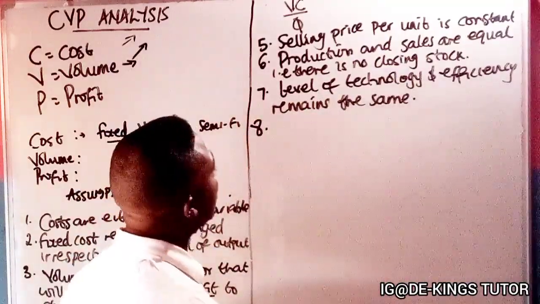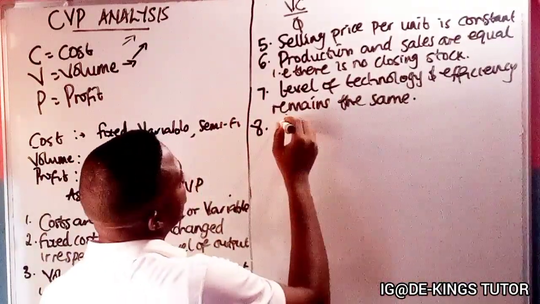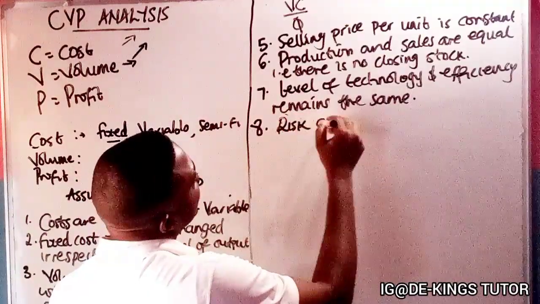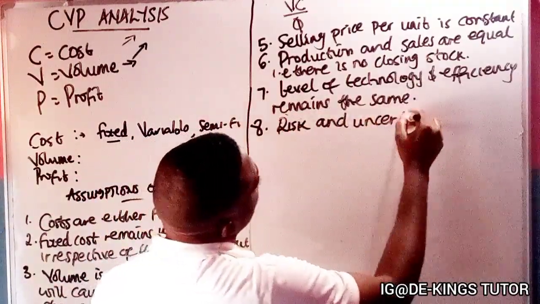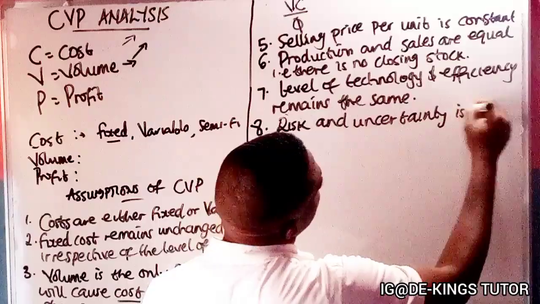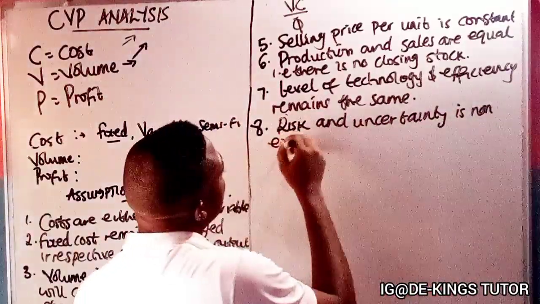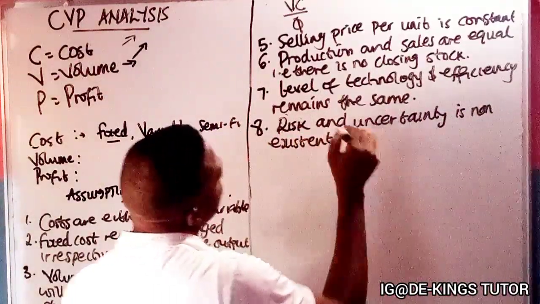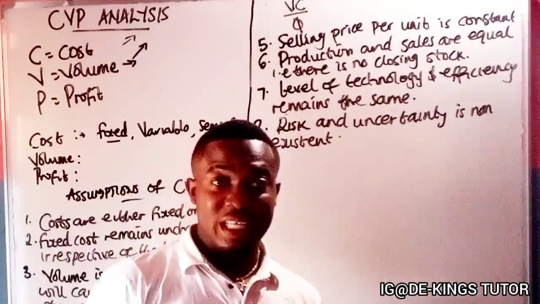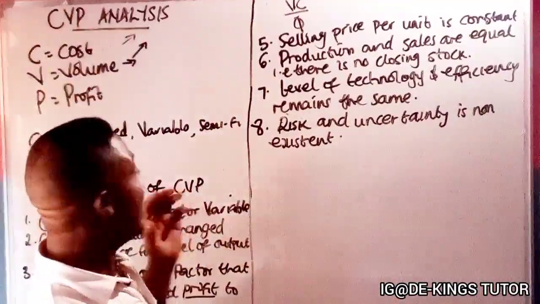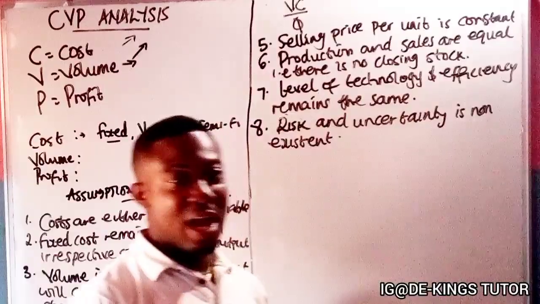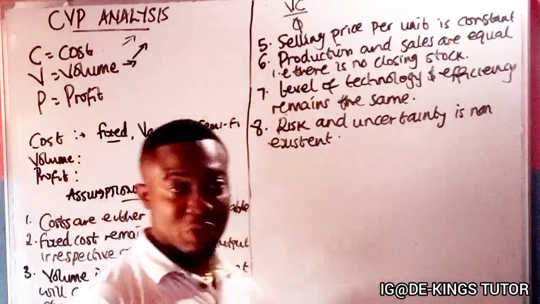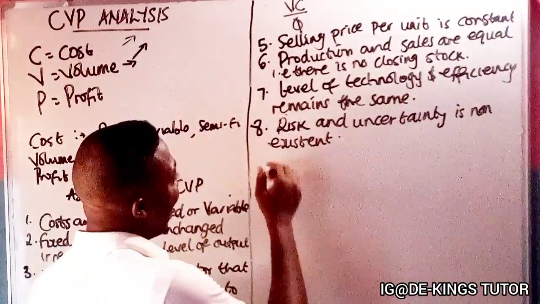While the eighth one, risk and uncertainty is non-existent. So one of the assumptions is that there's no risk and uncertainty in the CVP analysis. So we are certain about the outcome. So that's one of its assumptions.